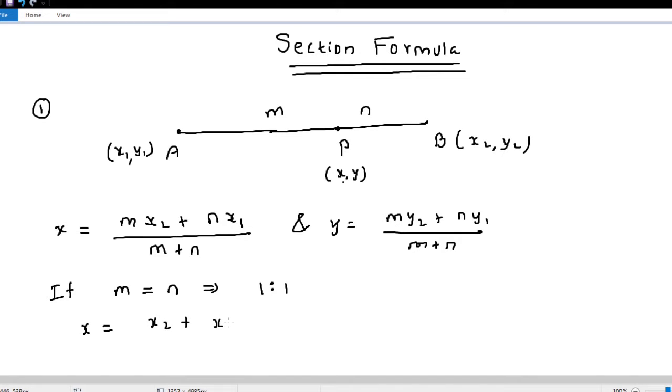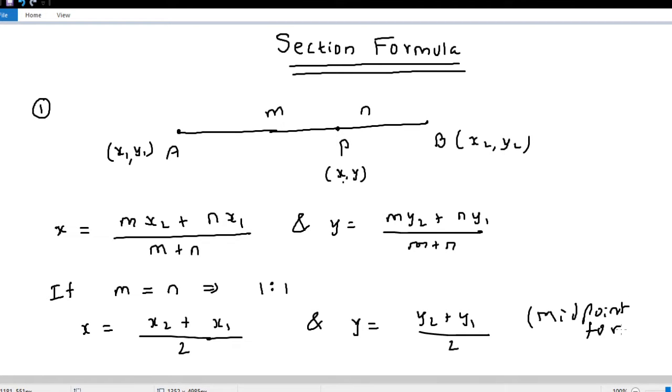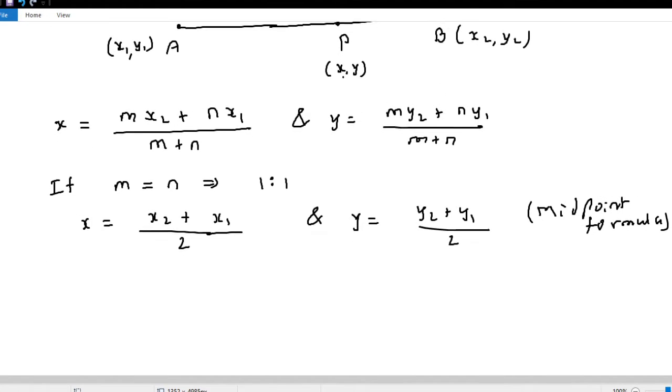So it will become x2 plus x1 upon 1 plus 1 is 2, and the y coordinate will become y2 plus y1 upon 2. This is also called the midpoint formula. You can keep in mind that the midpoint formula is nothing but a derivation obtained from the section formula.